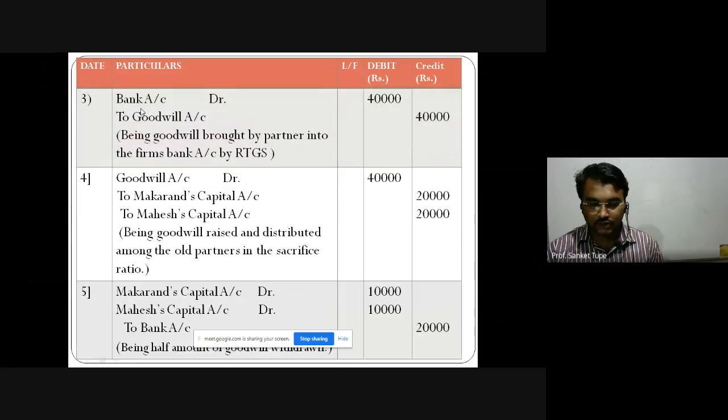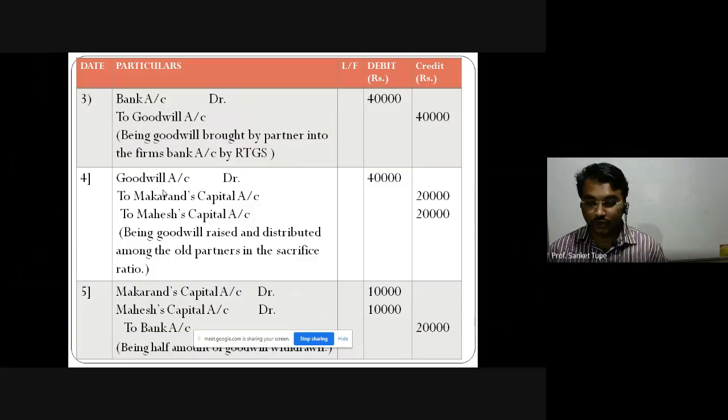Next entry is that he brought rupees 40,000. He gave rupees 40,000 to the firm in the form of goodwill. So entry will be bank account debit to goodwill account, not Mangesh capital account. Mangesh को create नहीं करेंगे because the amount of that goodwill is received in the form of bank, and if it is also in cash, that time also we will make the entry cash account debit to goodwill account.